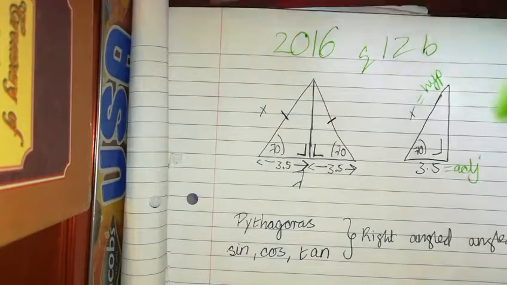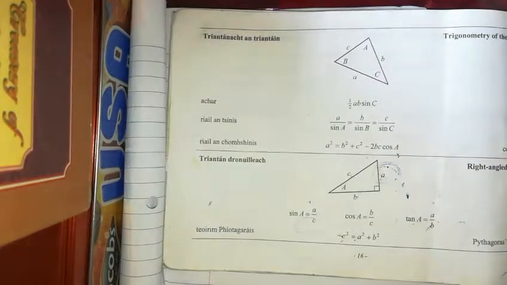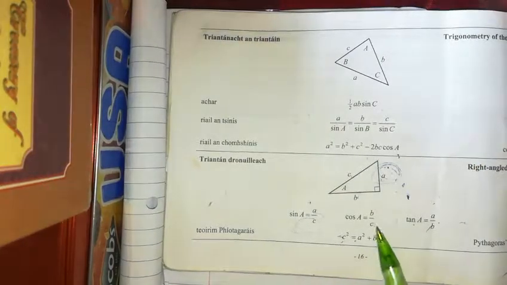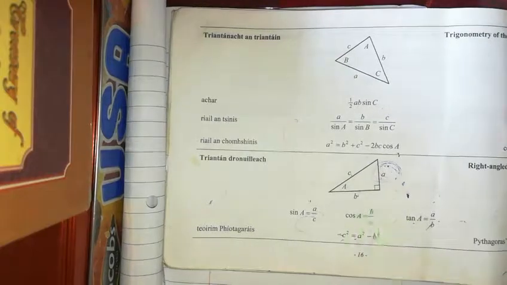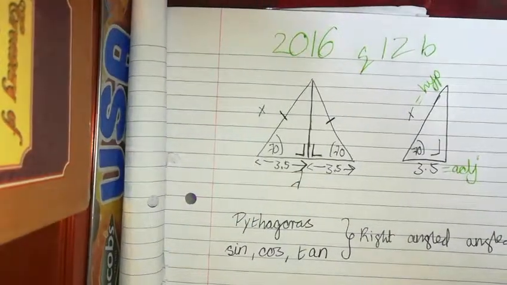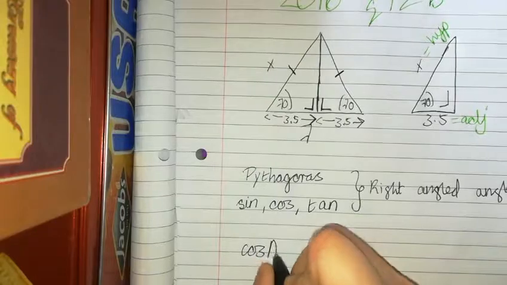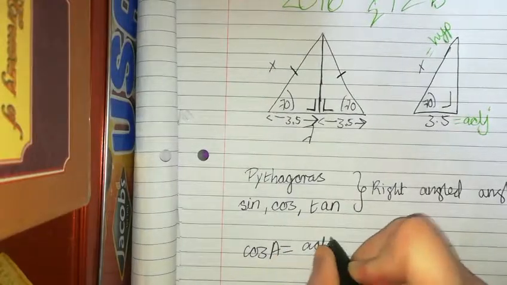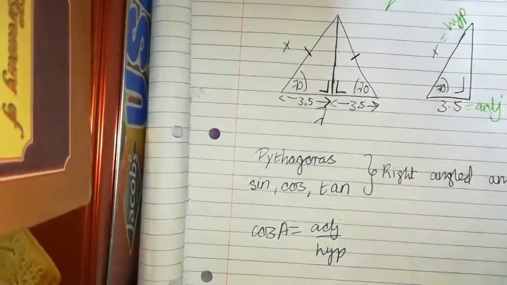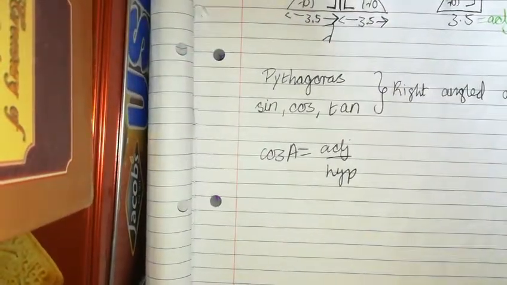So I need one that gives me adjacent and hypotenuse. Cos is the adjacent over the hypotenuse, so that might be the best one to use. There is a rhyme that I can learn off if I want to, which might speed things up for me.